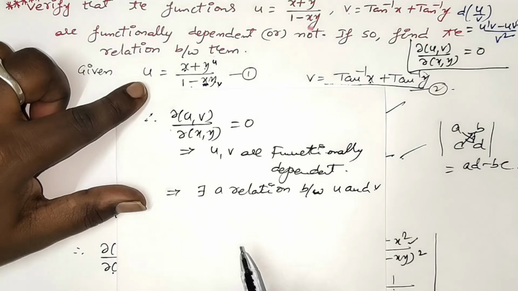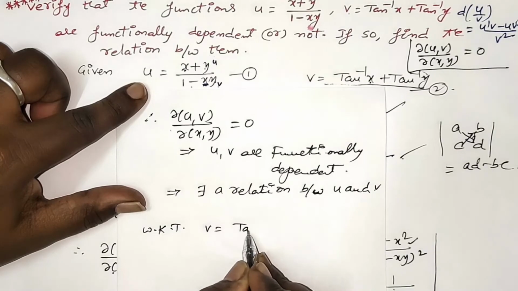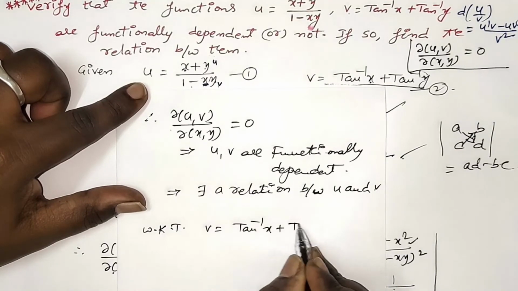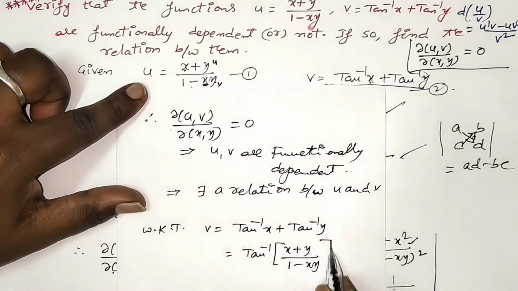By using identities in the inverse trigonometric functions, v can be written as, what is tan inverse of x plus tan inverse of y? According to the identities in the inverse trigonometric functions, it would be tan inverse of (x plus y) by (1 minus xy). But we are observing that this is u.